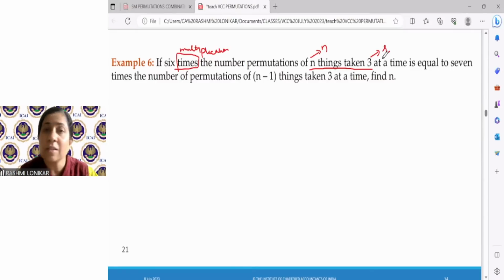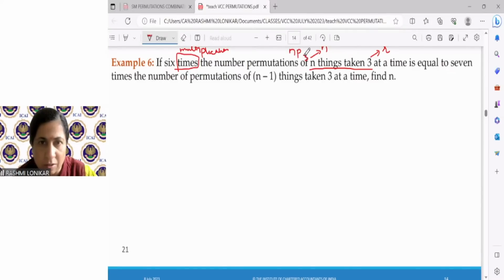The sequence length I want is 3, so r is 3. What is n? n is the value I don't know. So this will be nP3.